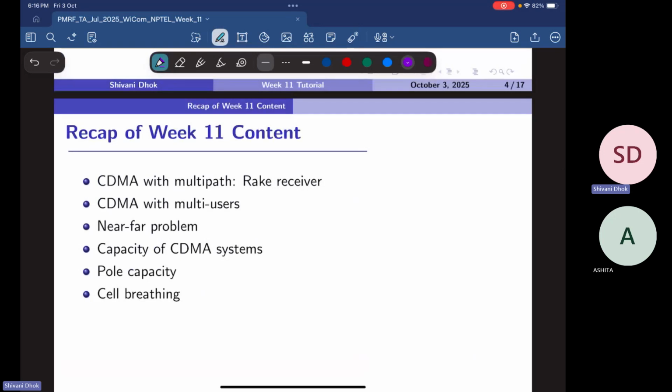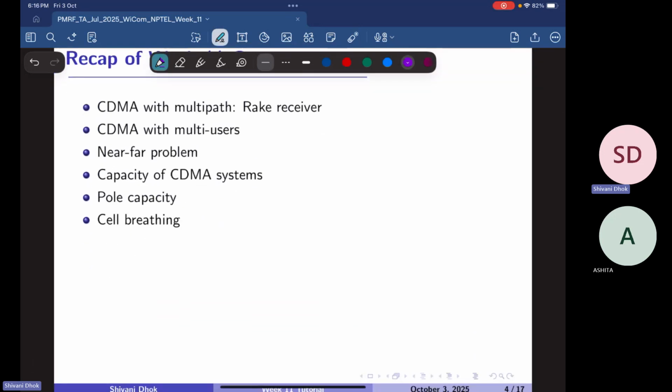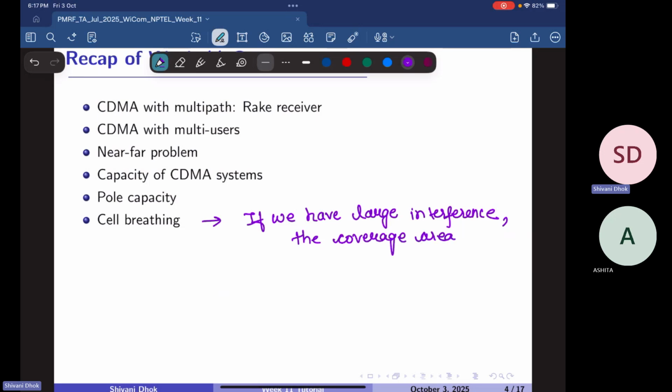After that, we saw a concept known as cell breathing. We said that the cell radius in a CDMA system can expand or shrink based on the load that you have. If we have a large number of users, the interference increases. If we have large interference, the coverage area, the cell radius, reduces.